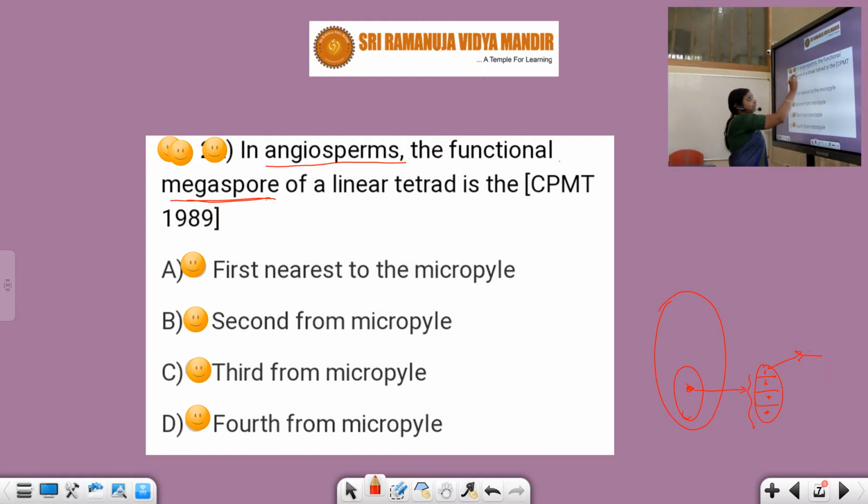So what is the question? In angiosperms, the functional megaspore of a linear tetrad is first nearest to the micropyle, second from micropyle, third from micropyle, or fourth from micropyle. So it is the first one, nearest to the micropyle.